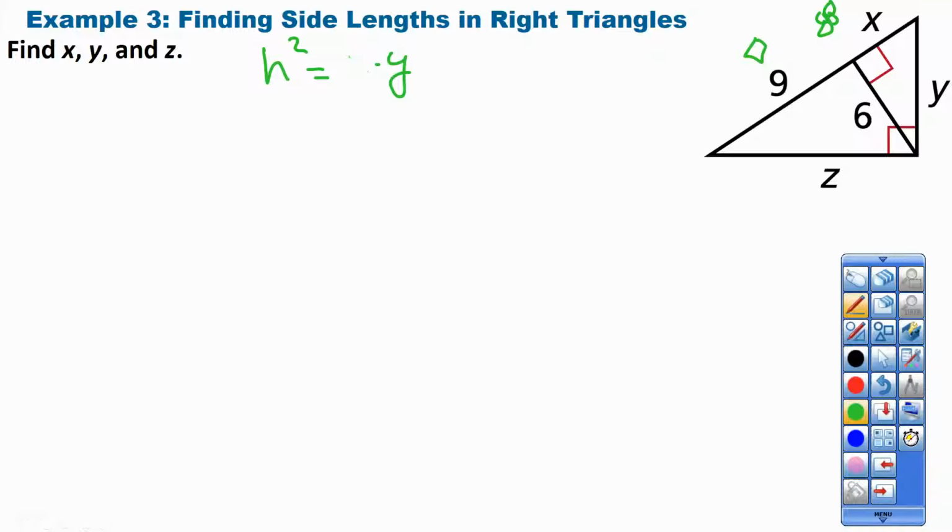So h is equal to diamond times club. So that'll give us the ability to find x pretty easily, because h, right? So 6 squared is equal to 9 times club, and club is x, right? So we plug that in.